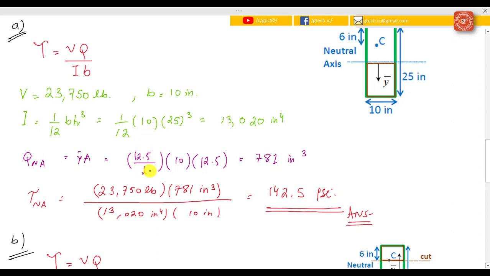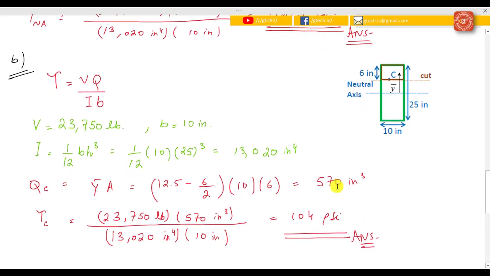The value would be 12.5 divided by 2 times its area, that is 12.5 times 10, and the answer would be 781 inch cubed. Substitute all these terms into this equation, then the shear stress at the neutral axis would be 142.5 psi. That's the answer.